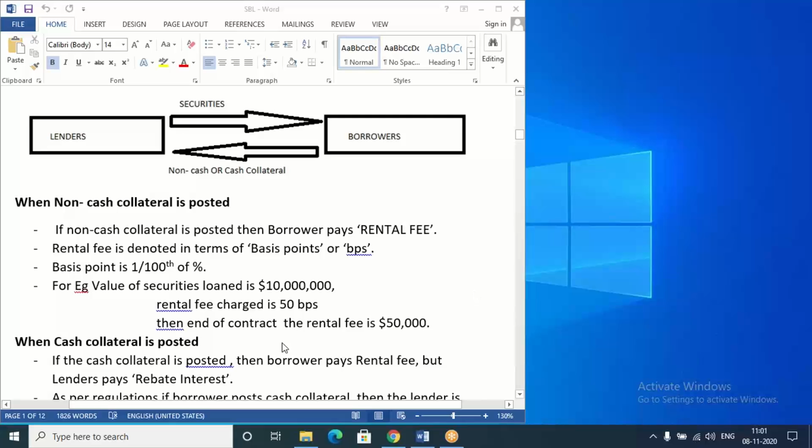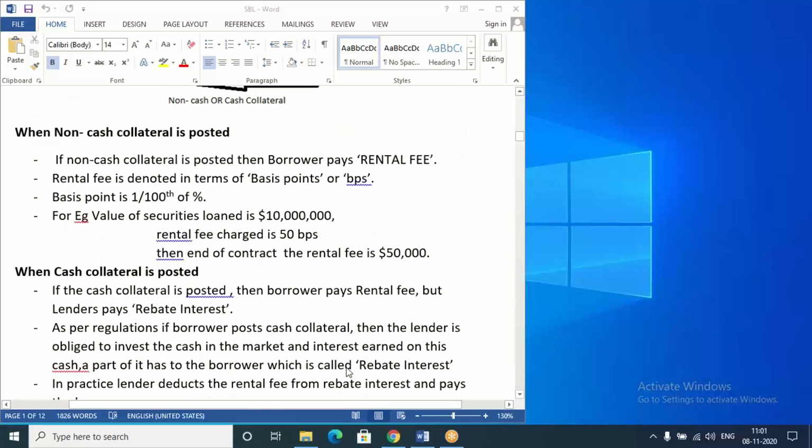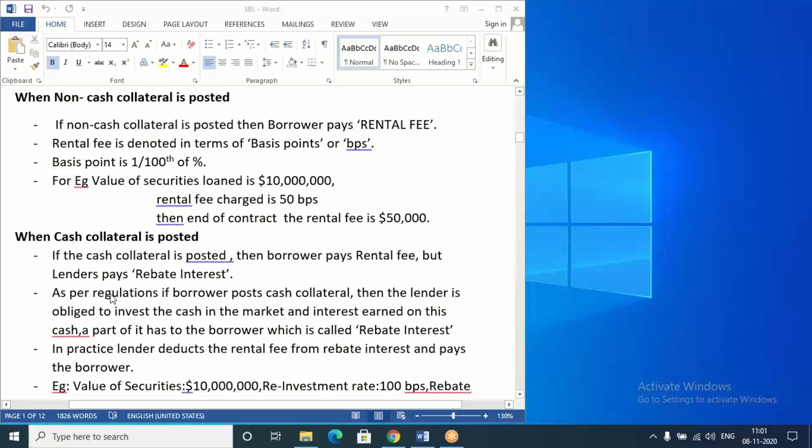That is referred to as rebate interest. So, as per regulation, if a borrower posts cash collateral, the lender is obligated to invest the cash in the market, and the interest earned on this cash is rebated back to the borrower, which is called rebate interest.